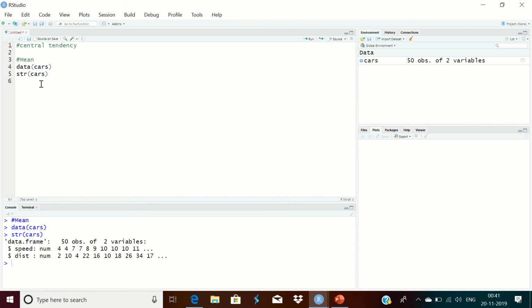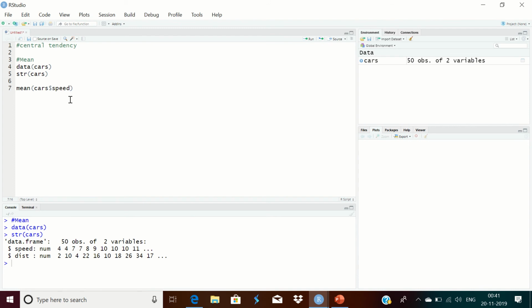Now let's look at calculating the mean. The function for calculating mean would be just this, right? And for the mean of a particular variable, you need to have the data set, dollar sign, and the variable.